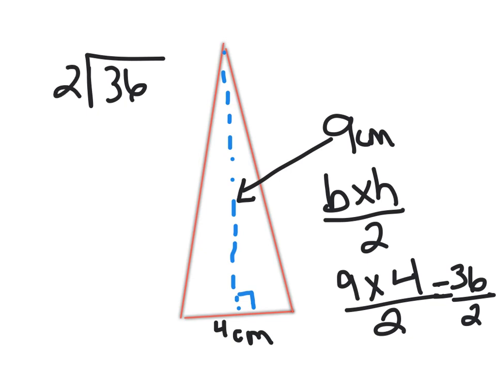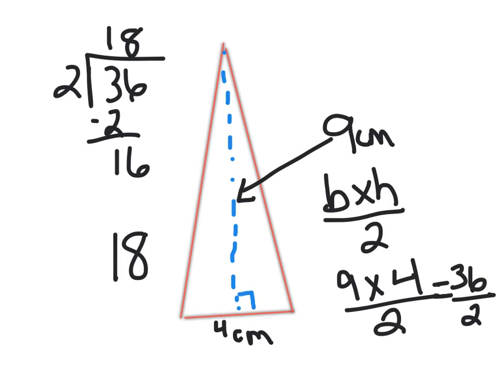The 2's on the outside. 2 goes into 3 one time, drop down. 2 goes into 16 8 times. So our area of this triangle is 18 centimeters squared.